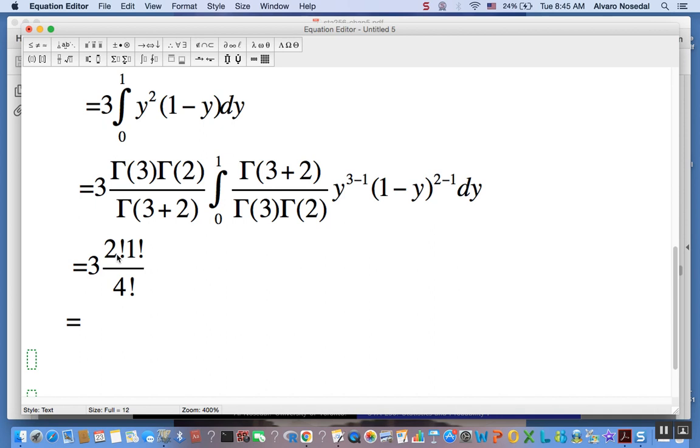But 2 factorial is just 2 and 1 factorial is just 1, so we have 3 times 2 times 1, which is just 3 factorial divided by 4 factorial. But 4 factorial is the same as 4 times 3 factorial.